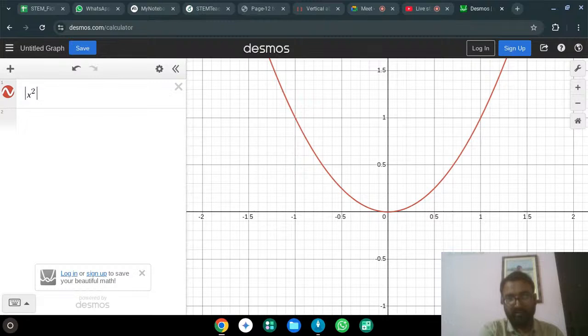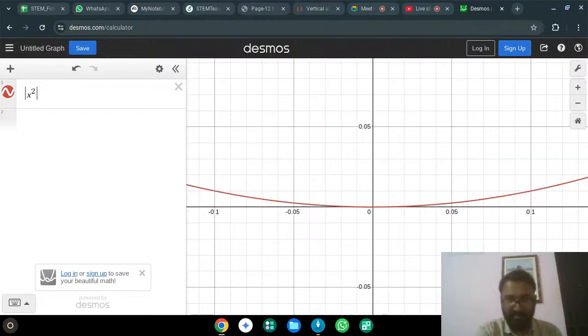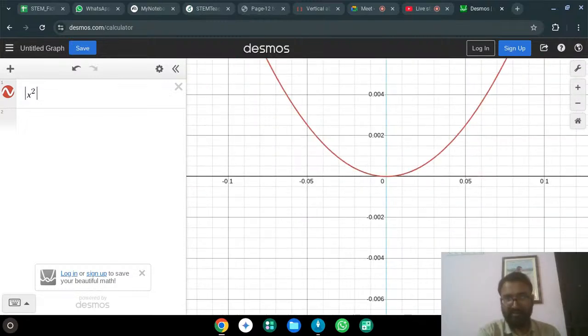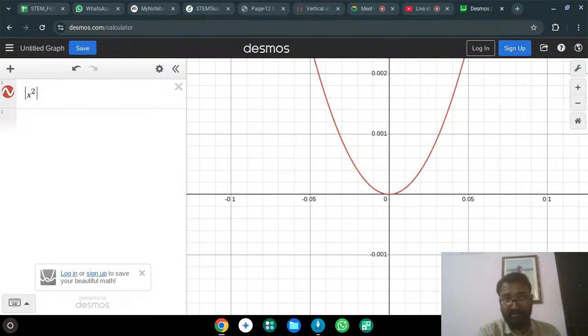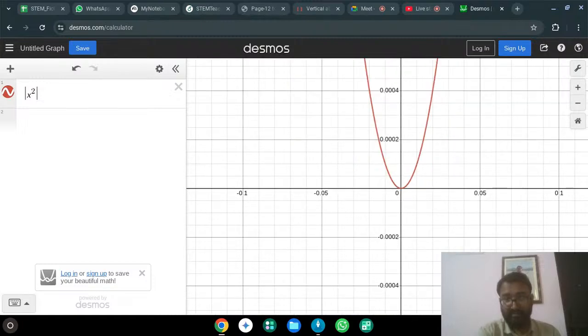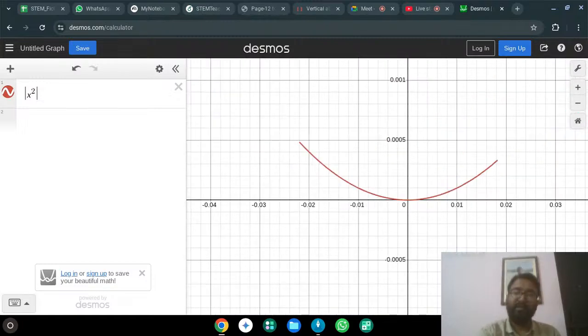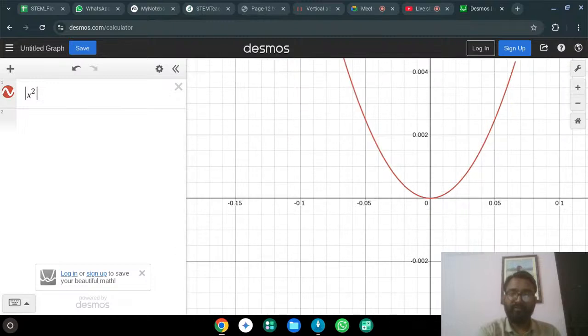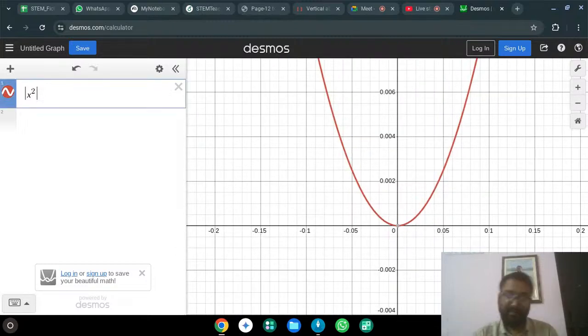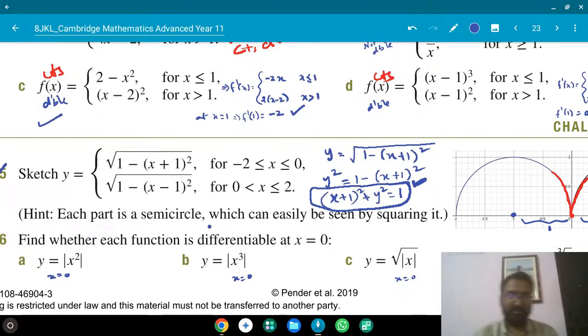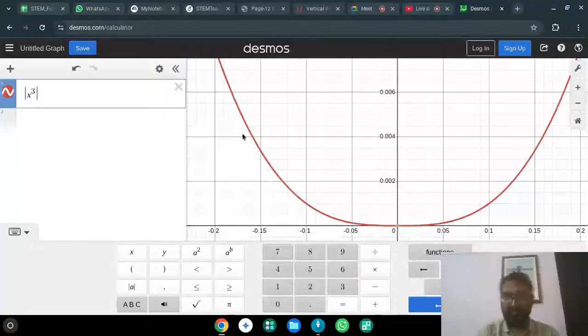Is it smooth? It is smooth. It is differentiable at x equals 0 and continuous. Then I am wrong. So yes, now it is mod x cube. You can comment here that still it is continuous.